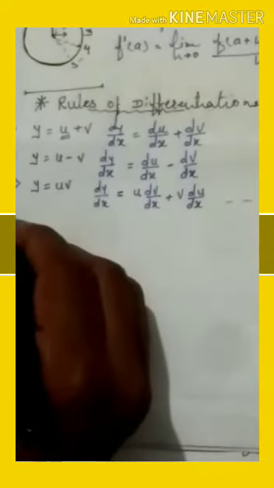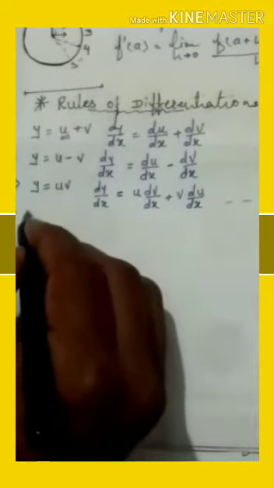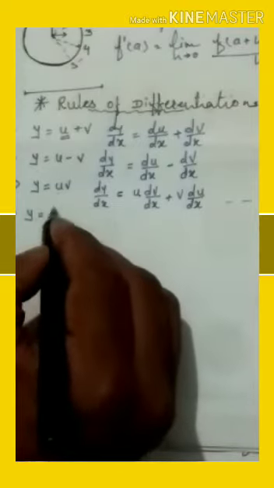Now in the fourth case, y is a quotient of the two, u and v. In this case u and v have come in division.